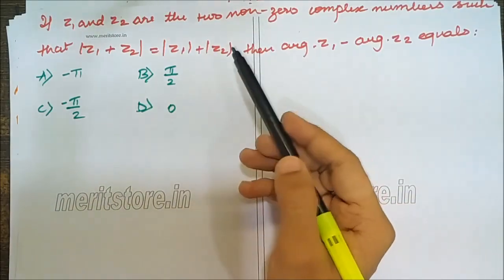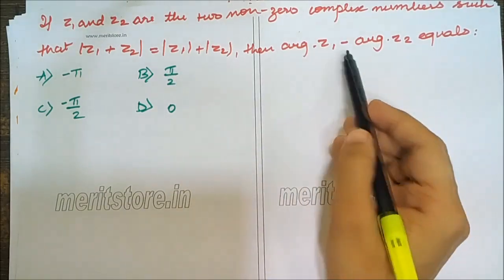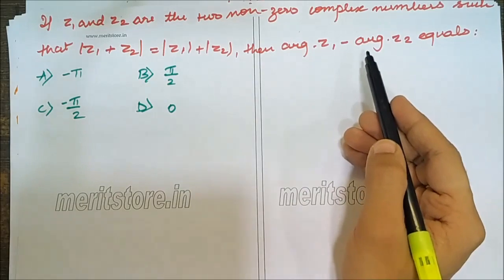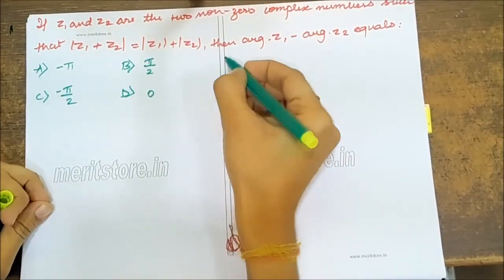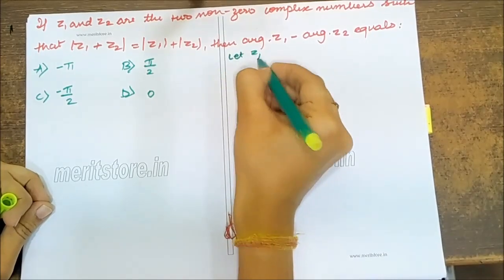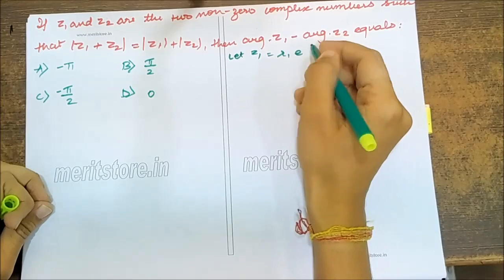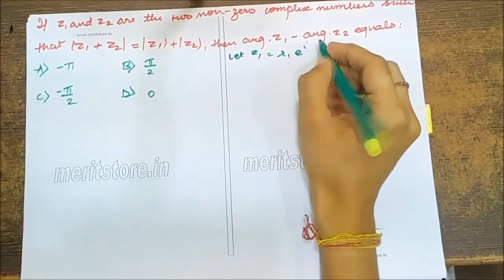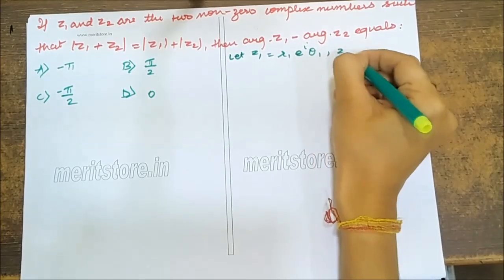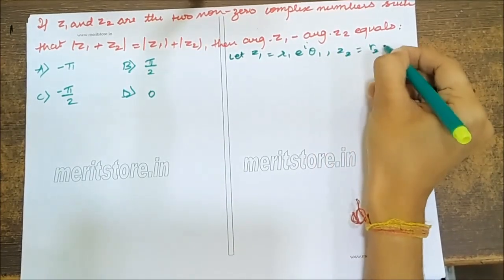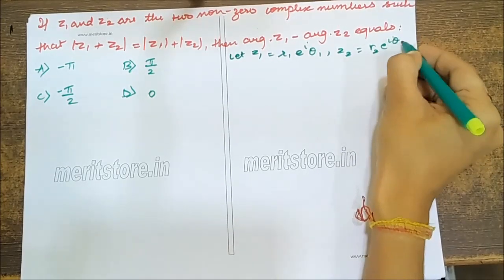If z1 and z2 are two non-zero complex numbers and modulus of z1 plus z2 equals modulus z1 plus modulus z2, then argument of z1 minus argument of z2 is equal to, let z1 is equal to r1 e raised to i theta 1 and z2 be r2 e raised to i theta 2.